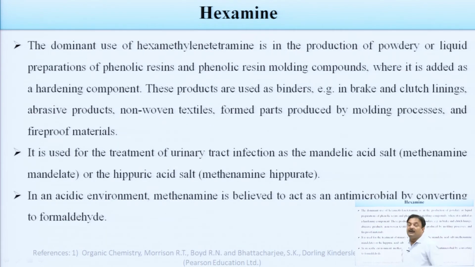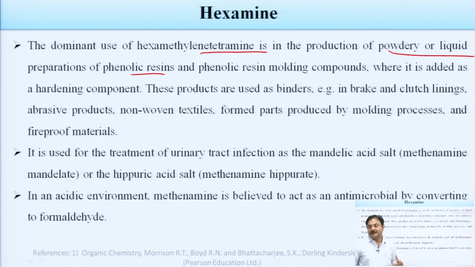Now, the dominant use of hexamethylenetetramine is in the production of powdery or liquid preparations of phenolic resins and phenolic resin molding compounds, where it is added as a hardening component. So, it provides hardness to those resins. These products are used as binders, for example, in brake or clutch linings, abrasive products, non-woven textiles, form parts produced by the molding process, and fireproof material.